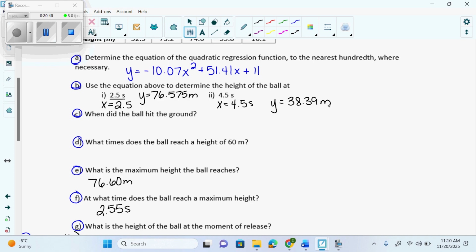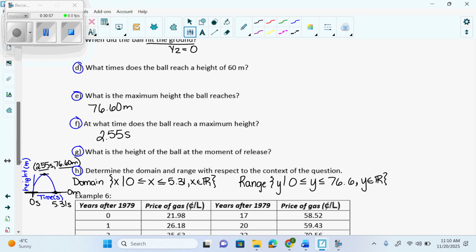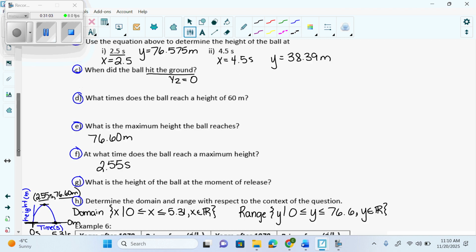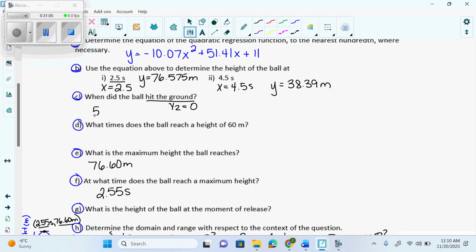This one asks, when did the ball hit the ground? When it hits the ground, that's y2 equals 0. We already did this. 5.31 seconds, right? We already found that. What time, so x, does the ball reach a height of 60?